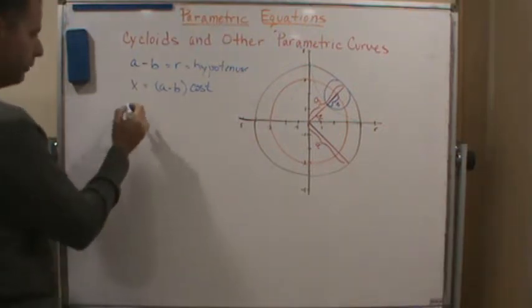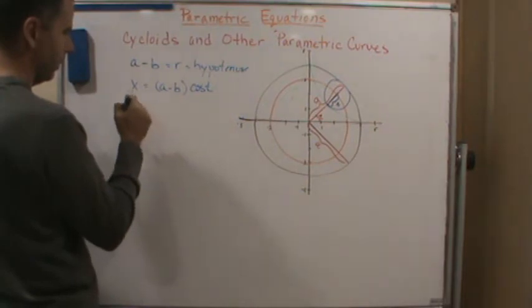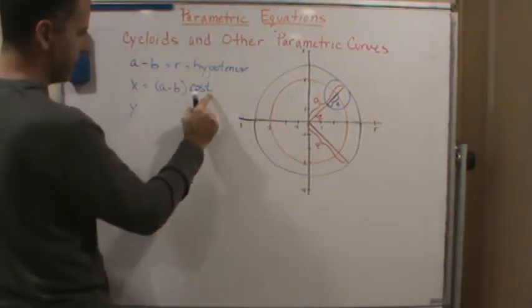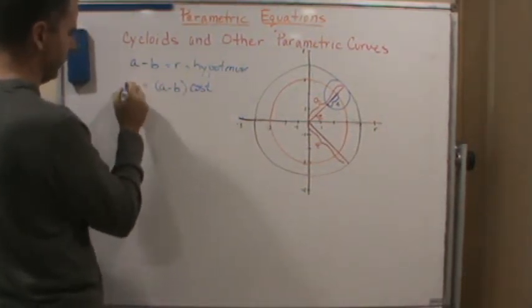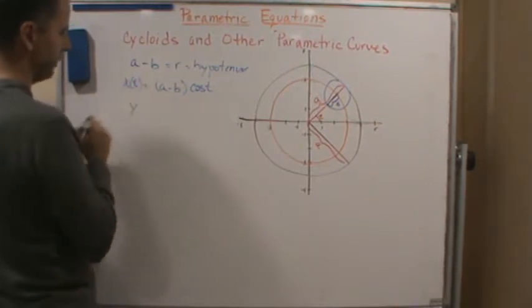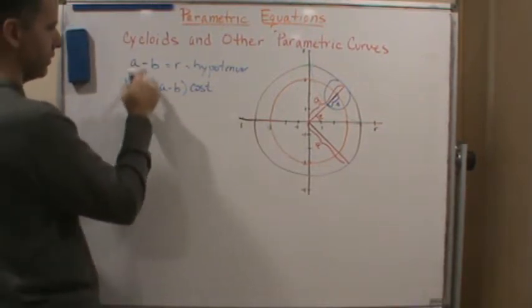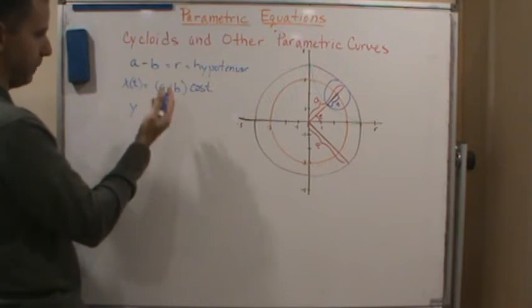Similarly, we can write y. This is going to be x of t, our parametric equation that describes the pathway of the center.